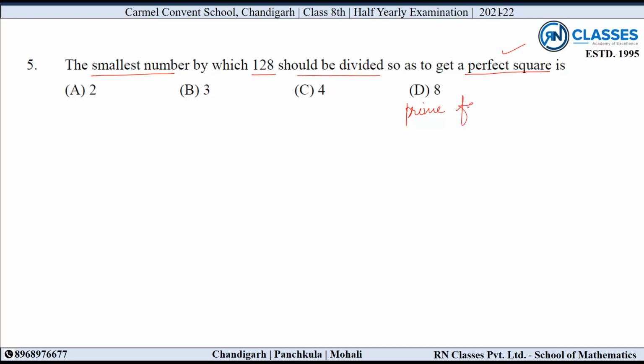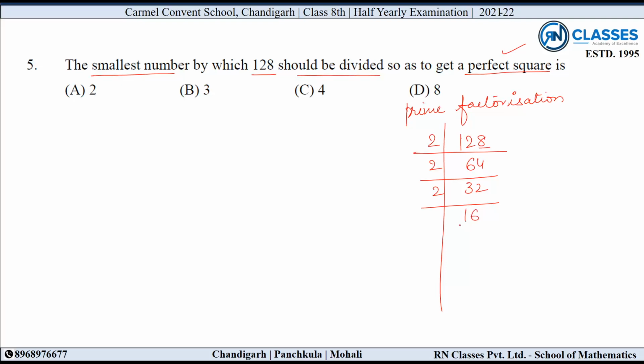So 128. Divisible by 2, because there is 8 in the unit place, so 64. Again divisible by 2, 32. Again divisible by 2, 16. Again 8. Again 4. Again 2.